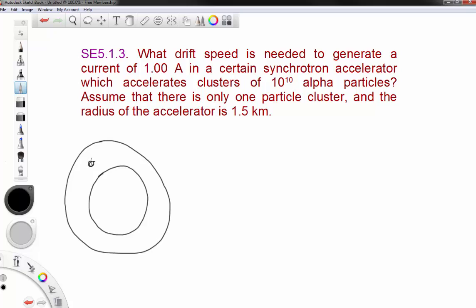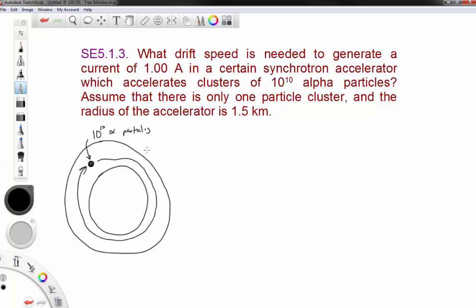So basically what happens here is we have a cluster of charges, 10 to the 10 alpha particles, and the fields are such that this thing basically runs laps around this chamber.